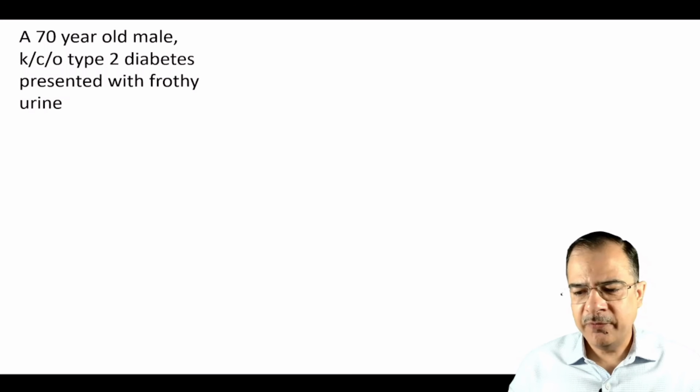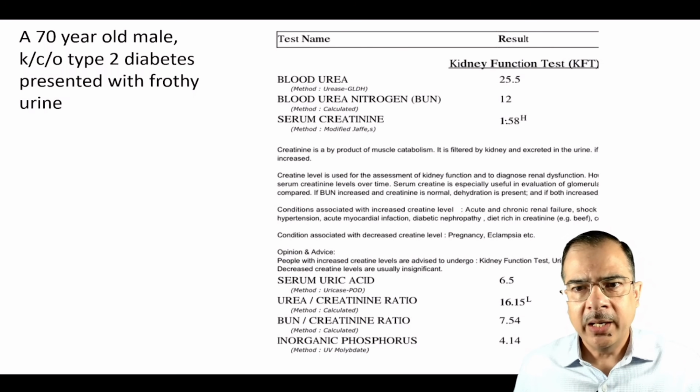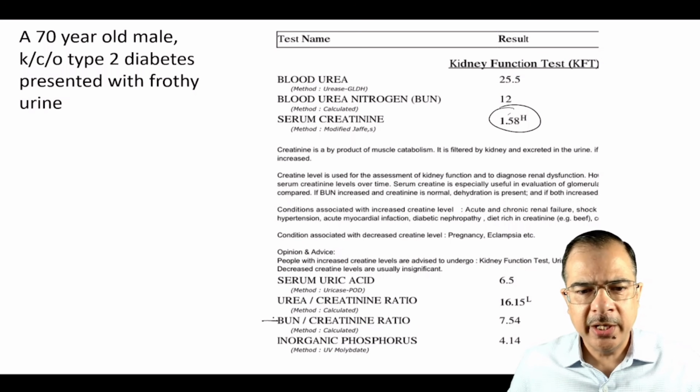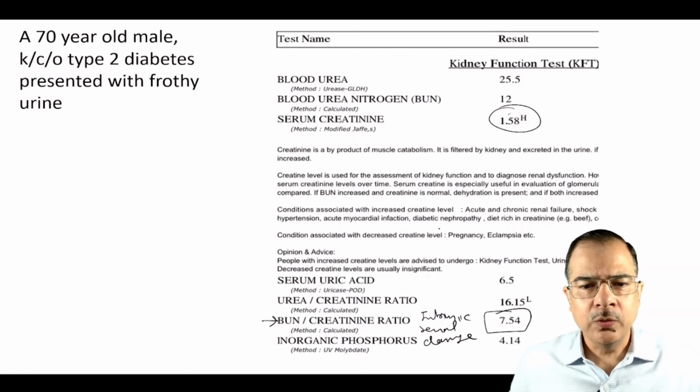Type 2 diabetes, frothy urine. Frothy urine means protein in the urine will be there. And look here, creatinine is high. And when we check the blood urea nitrogen creatinine ratio, look at the ratio, 7.54. So definitely some intrinsic renal damage is taking place. Renal damage, intrinsic: ratio is low.